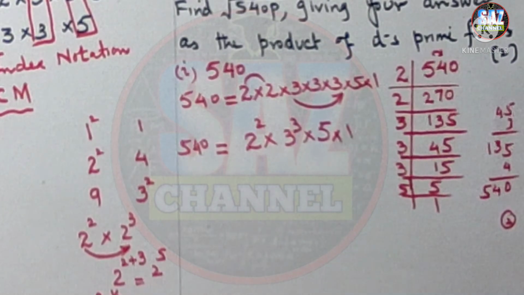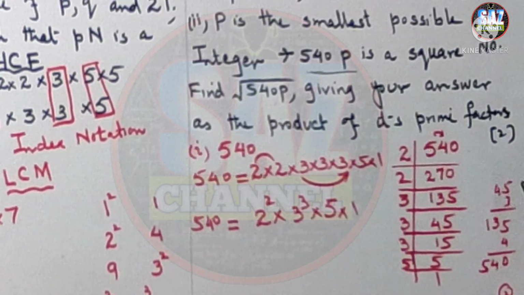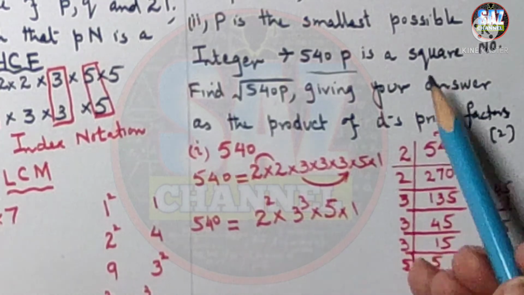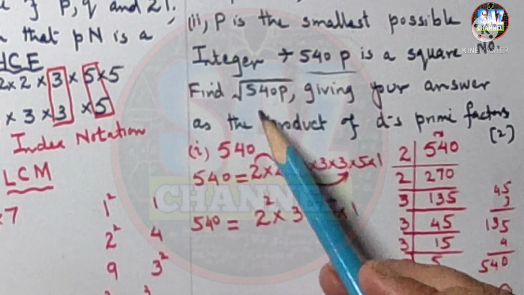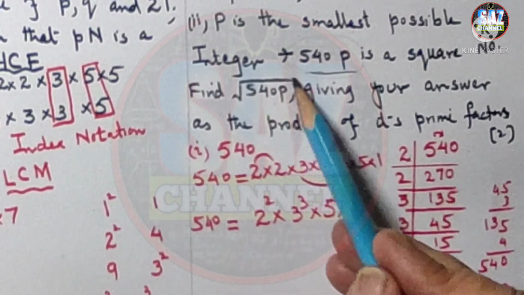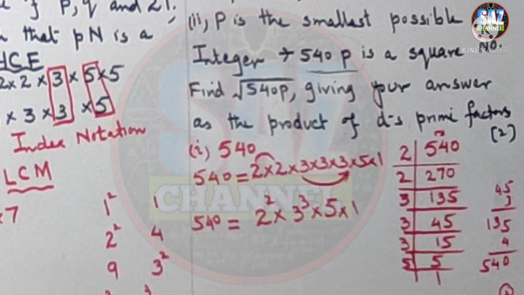Moving to the second part that says p is the smallest possible integer such that 540p is a square number. 540p is a square number, and then we have to find square root of 540p, giving your answer as a product of prime factors.